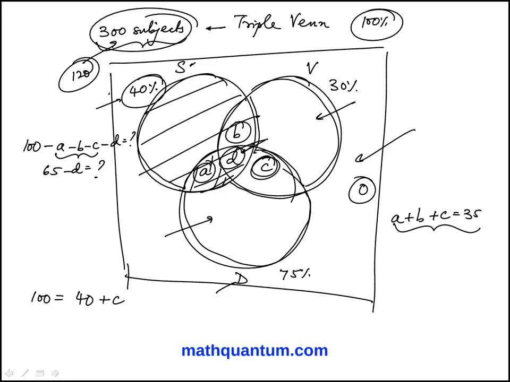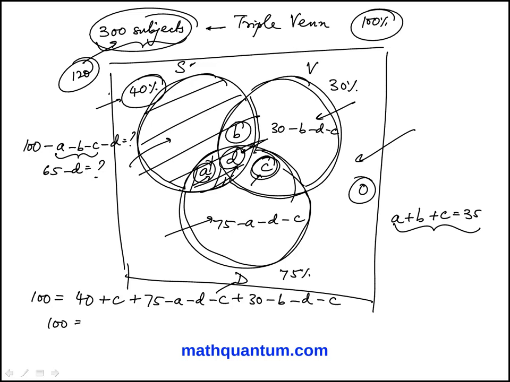This would be 75 minus A minus D minus C, essentially subtracting all three of these. And here, this would be 30 minus B minus D minus C. As opposed to writing everything here and then adding it all up, which is extra work. Especially under exam conditions with pressure, it's important to have your algebra clear.